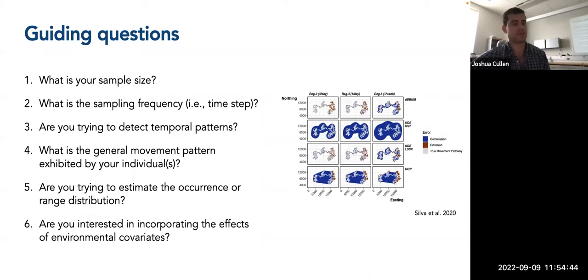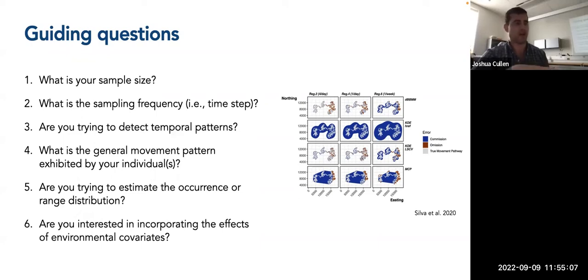And lastly, something I didn't cover during any of the different components today, but I think is a really important area in this topic moving forward, is the incorporation of the effects of environmental covariates. Obviously an animal's not moving in space independent of any behavioral considerations or habitat considerations.